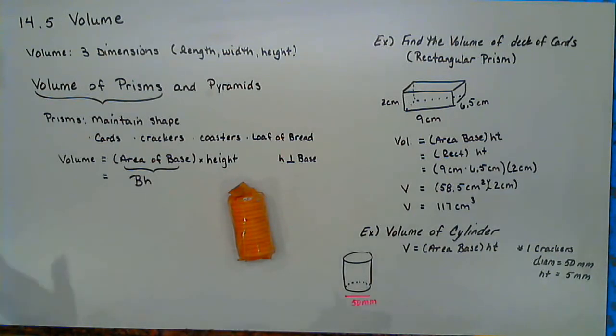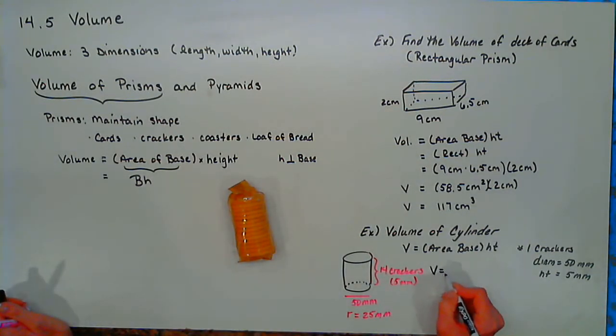So I end up with 14 crackers high, and each cracker is 5 millimeters. Now that we know how high it is and what the diameter is, we also know that the radius is only 25 millimeters. So we now have all our parts and pieces. Let's put them together to find the volume.